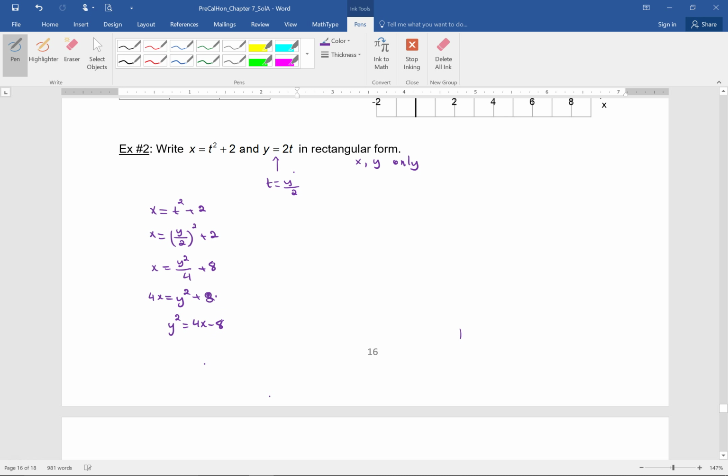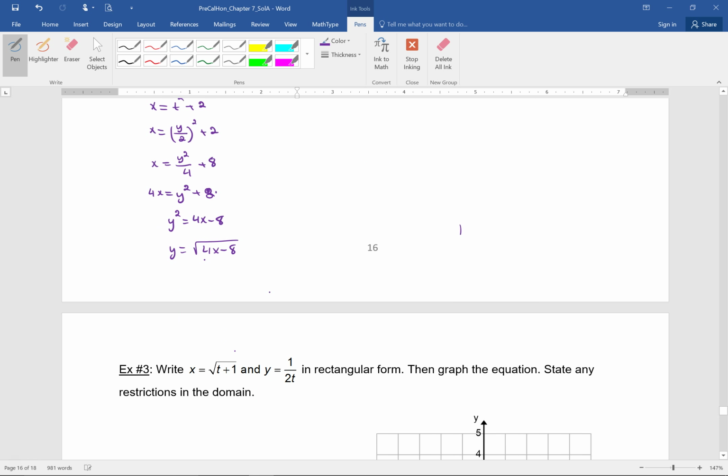And how much is y? The square root of 4x minus 8. Now, you can take out 4. So this is the square root of 4 times x minus 2, which means the 4 can come out, right? So it's 2 times the square root of x minus 2.